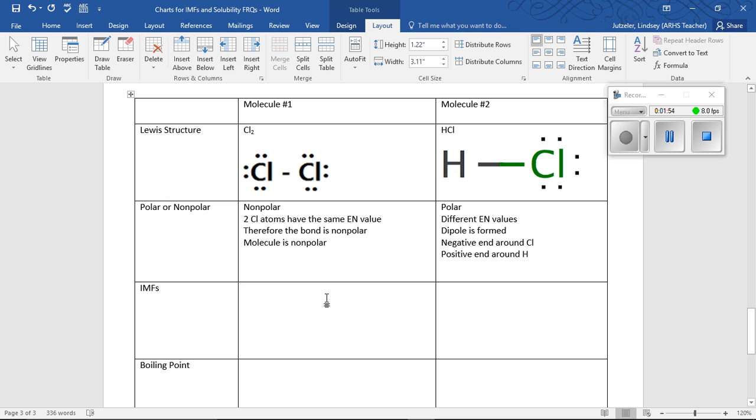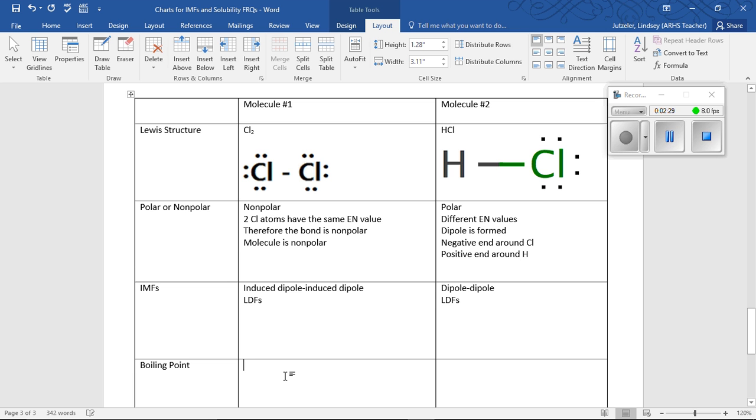Here, the IMFs between the chlorine molecules is induced dipole, and a much simpler way to say that is London dispersion forces, and that's it. It's not polar, so it can't have any of the other good stuff. And then HCl is polar, so it's going to have dipole attractive forces, and it will have LDFs.